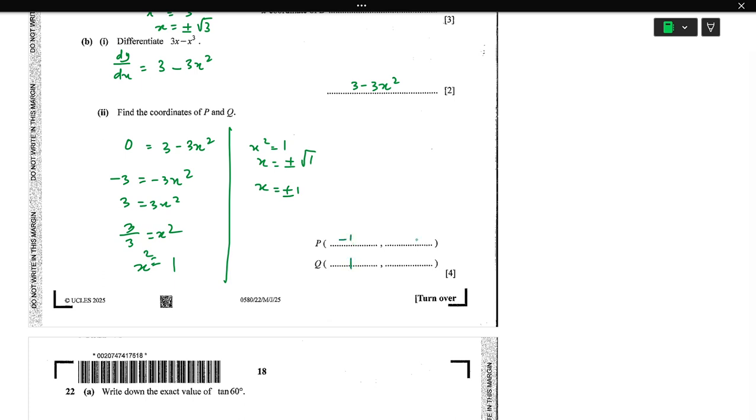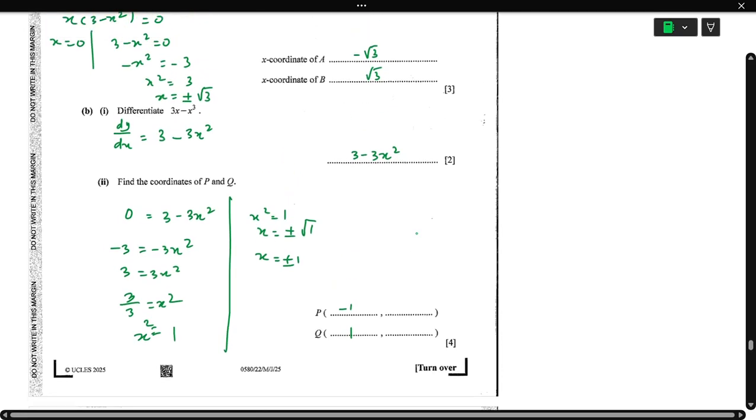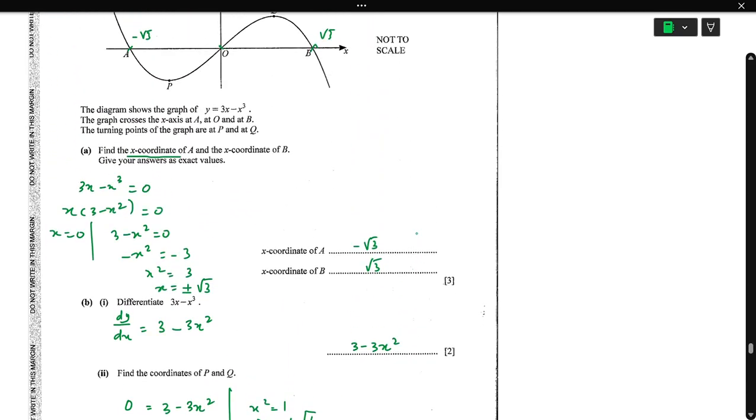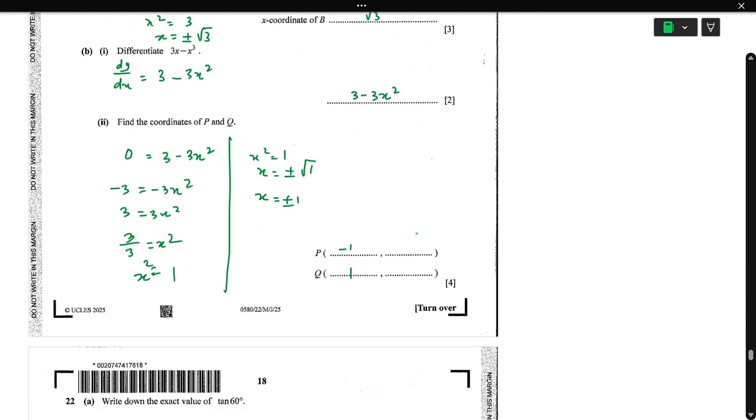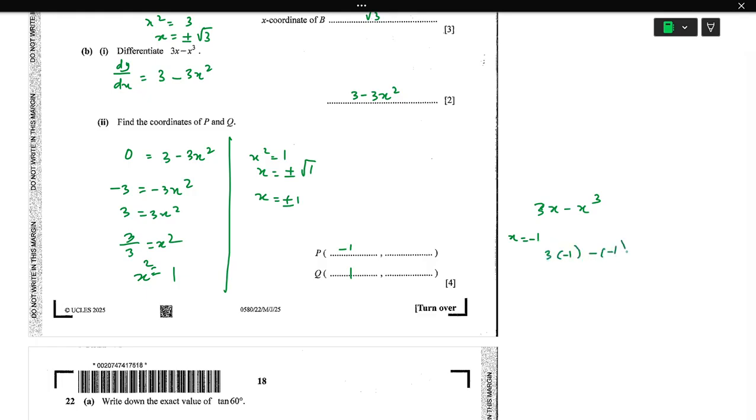Then we substitute these values into the given equation, 3x minus x cube. First I put x equal to negative 1: 3 of negative 1 gives negative 3, minus negative 1 cube, which is negative 3 plus 1.